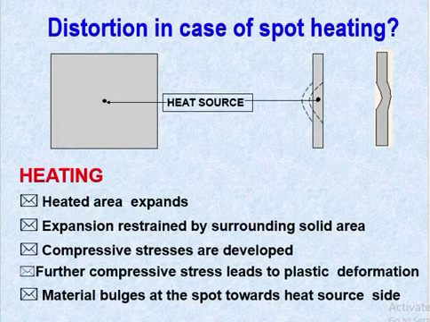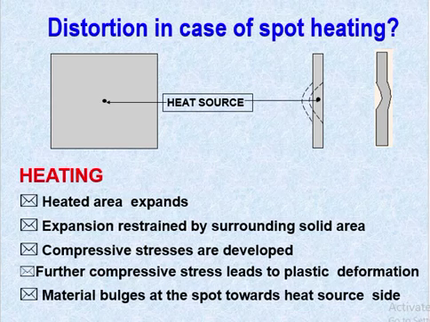Now, distortion in the case of spot welding: when you are heating, the heated area expands, but the expansion is restrained by the surrounding solid area. Because of this, compressive stress is developed.